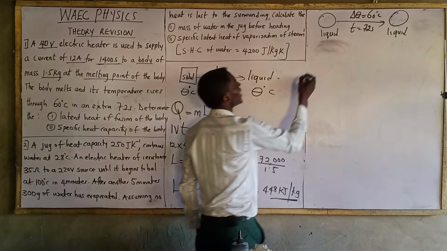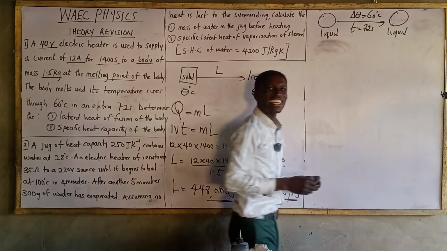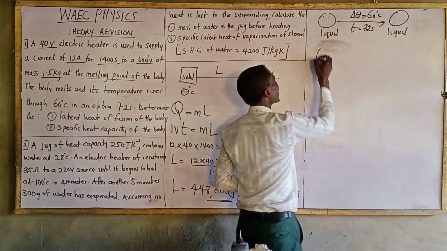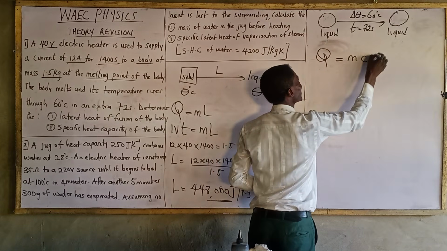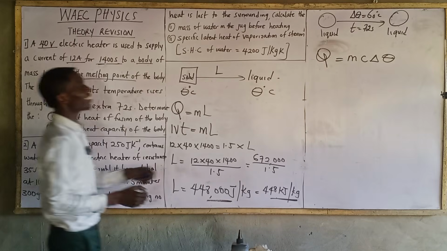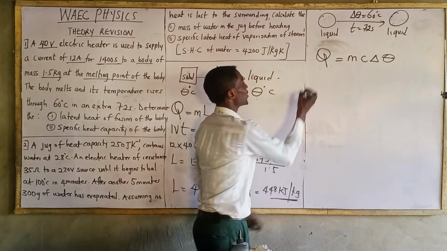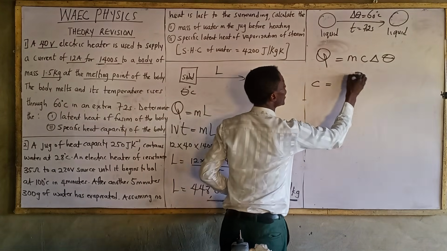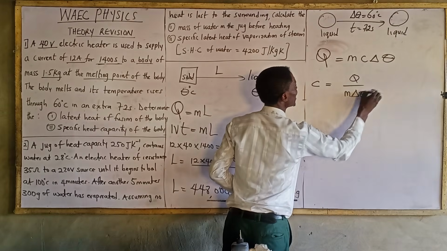Here we do not have a change in state, so we recall Q equal to mc delta theta. We have to find the specific heat capacity, C. So C is equal to Q over m delta theta.